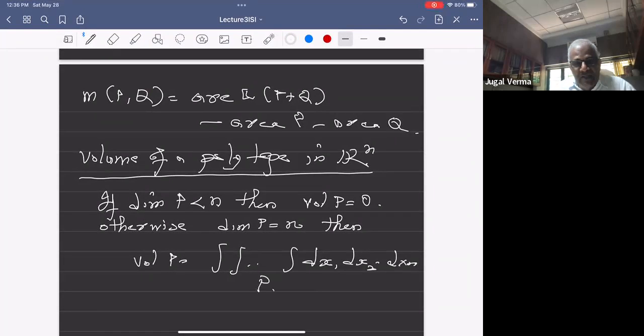The polytope is a compact set, the function 1 is integrable on P, and its volume is this multiple integral.